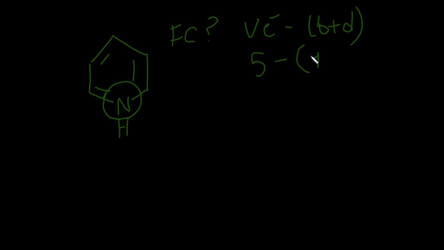A lot of times, what they'll do in textbooks, practice problems, or even on exams is they won't draw out the bond for you between the nitrogen and the hydrogen. You have to kind of assume that it's there. So, in reality, this is what the molecule looks like. But of course, we all know in organic chemistry, sometimes they shorthand things. You just have to assume that there's a bond between that nitrogen and hydrogen.